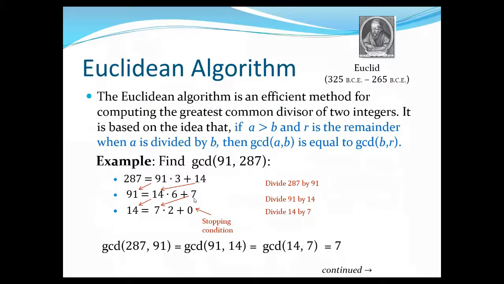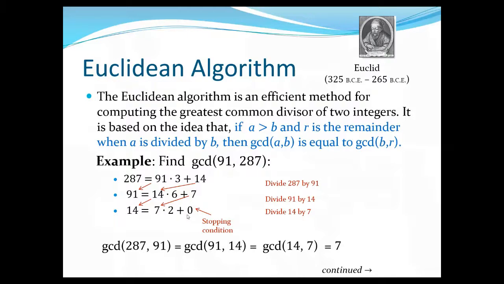And we're going to repeat what we have done. Now 14 will be your new dividend and your new divisor is 7. So 14 is equal to 7 times 2 plus 0.